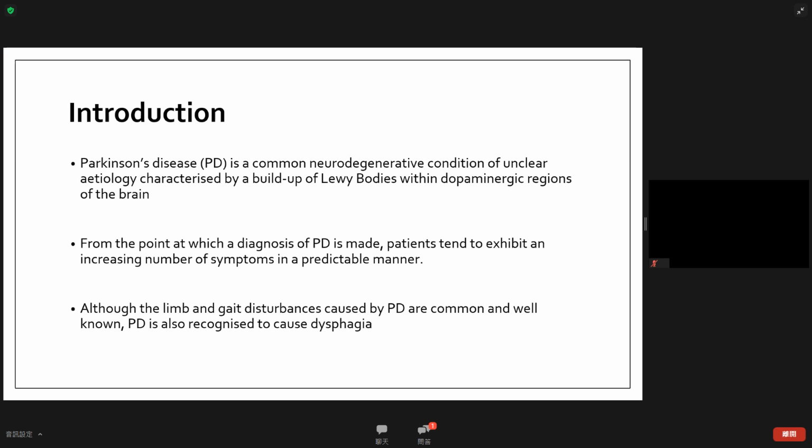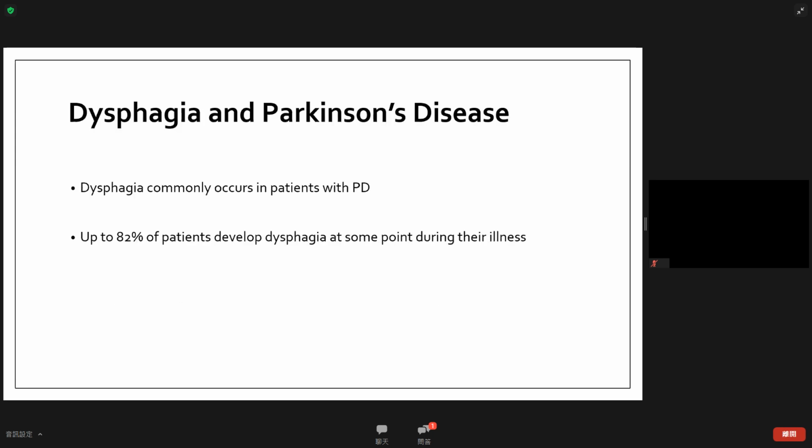Parkinson's disease does not just cause limb signs and symptoms, it can also cause dysphagia. Dysphagia is quite common in Parkinson's disease, and it occurs in up to 82% of patients at some point along their illness journey.